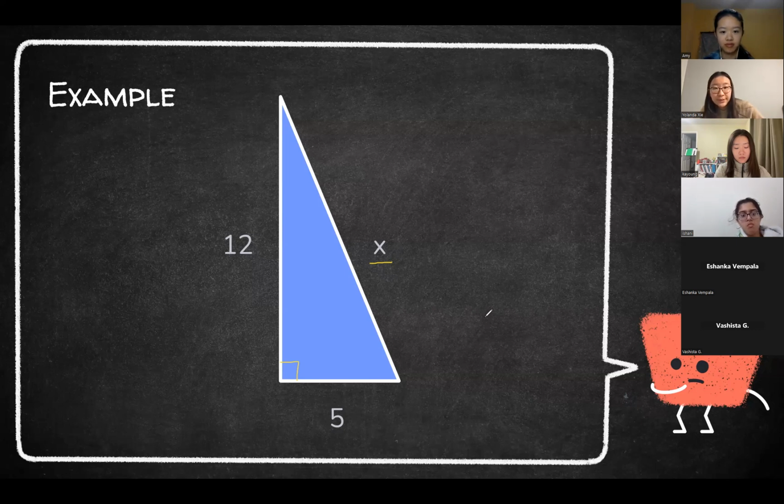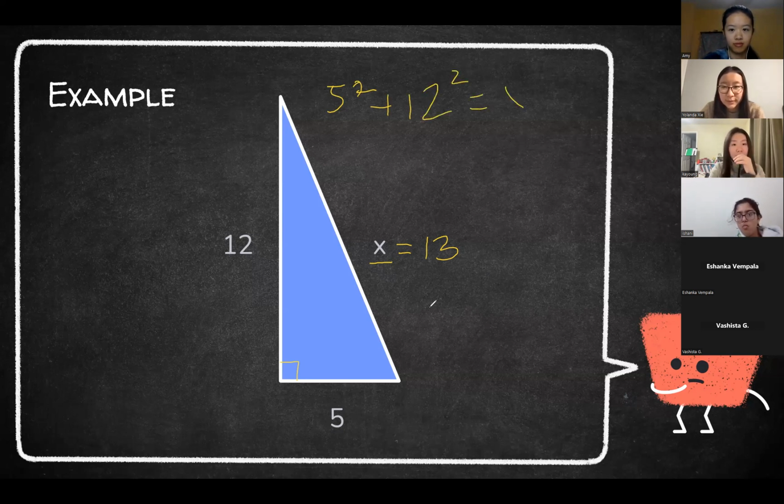All right, so I see a good number of answers. And yep, the answer here is 13. So, if we were going to do the Pythagorean theorem, we would do 5 squared plus 12 squared equals x squared. So then we calculate each of those. 5 squared is 25, 12 squared is 144, and 25 plus 144 equals 169.